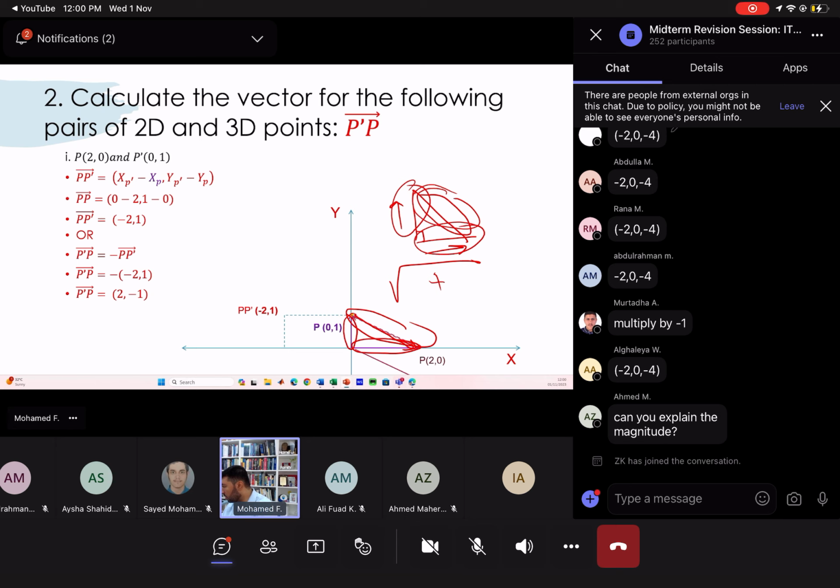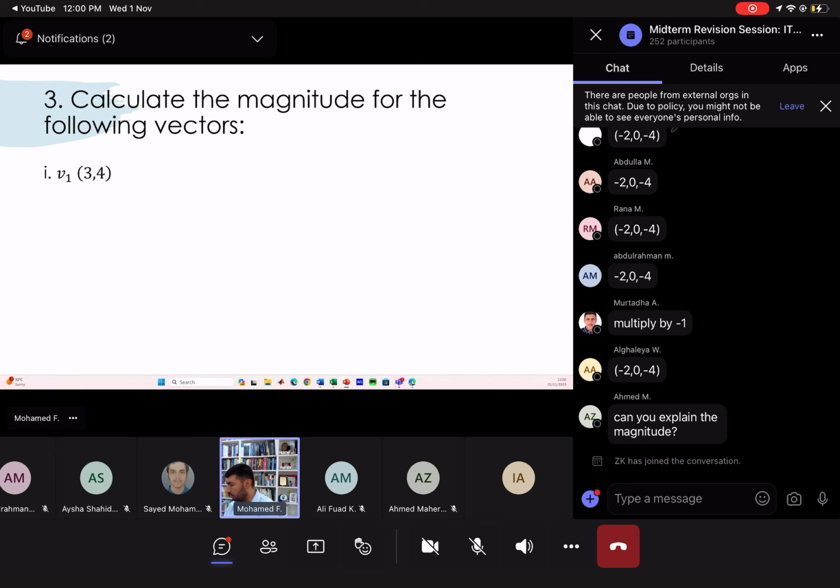Where's the magnitude? 3, 3, 3. Yes, that's the magnitude. So calculate the magnitude for the following vector. We are just taking the 3 square plus the 4 square, and that will be 9 plus 16, which is 25.